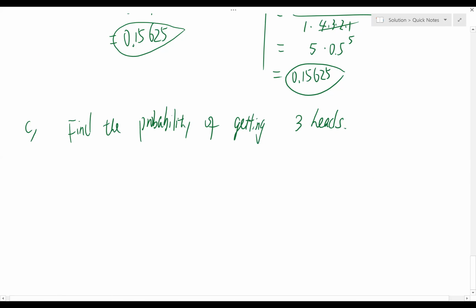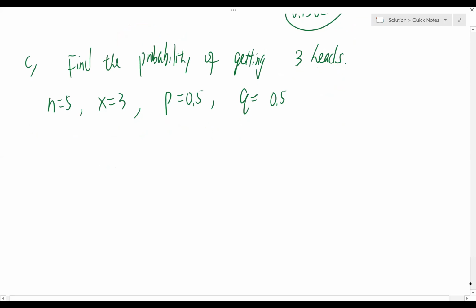So here n equals 5, x is 3, and then p is 0.5, q is also 0.5. Okay. And one more time, we just plug into the formula. So P(x) equals n factorial over x factorial times (n minus x) factorial times p to the x times q to the n minus x.